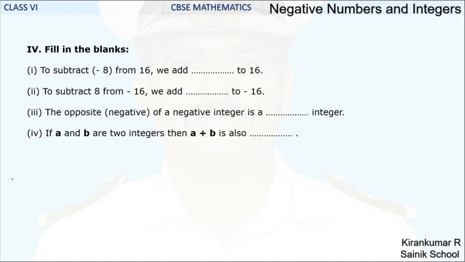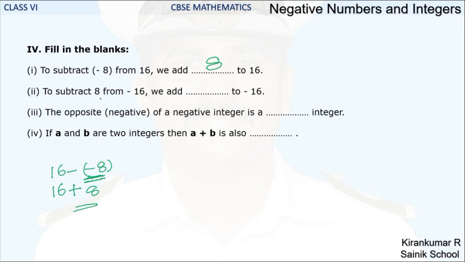When -8 is to be subtracted from 16, we are going to add a changed sign, which is +8. So +8 is the right answer.